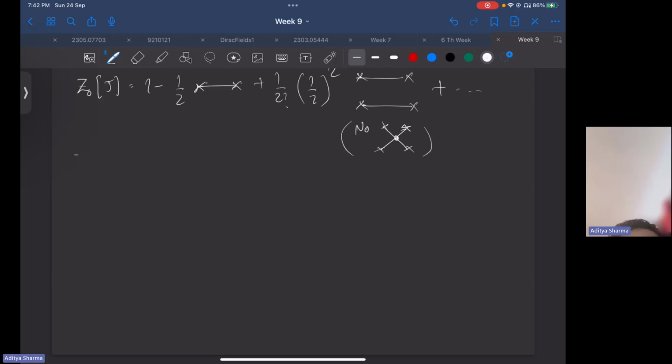So that means I have written this in terms of diagrams. One can verify this.